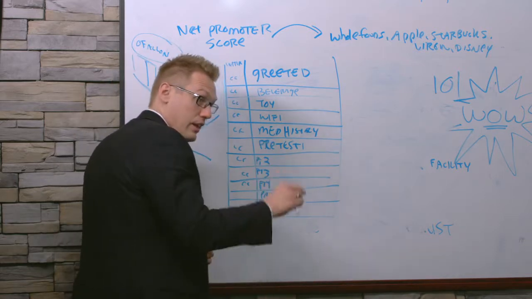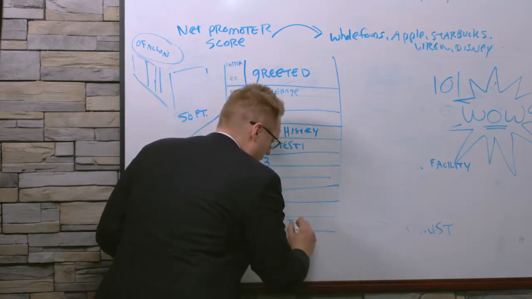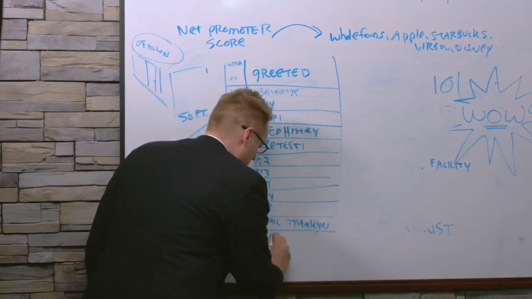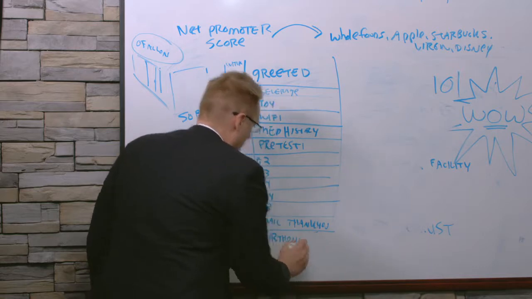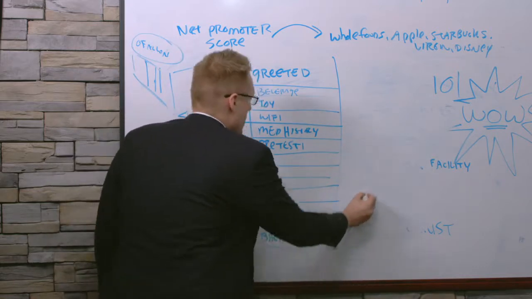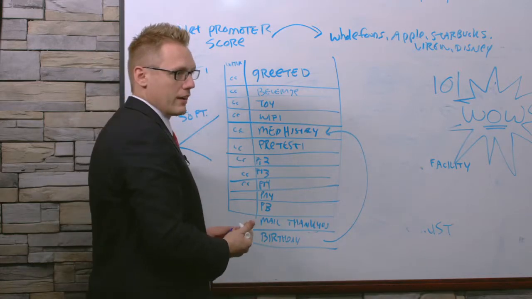Then I want to mail them a thank you card right then. And then I want to put it on the calendar to call them for their birthday. And I can't call them on their birthday if I don't know when their birthday is. So now I have to come back up here and add that, and you start to go, wow, this is complex. Right.